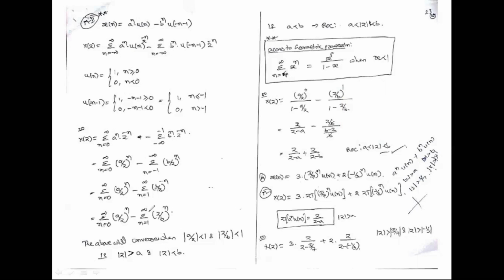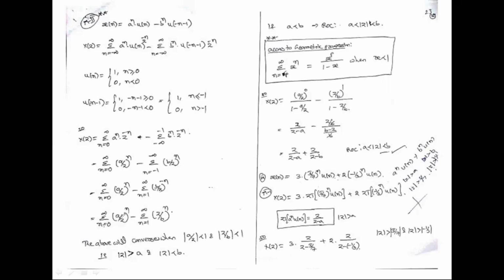Okay, and simplify this to get z is greater than a for one function and z is less than b for the other function. Even though it is in the form of sum of n equals n1 to n2 of a power n, and it is also the sum of n equals n1 to n2.